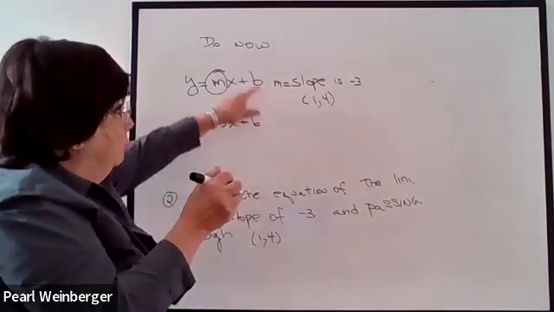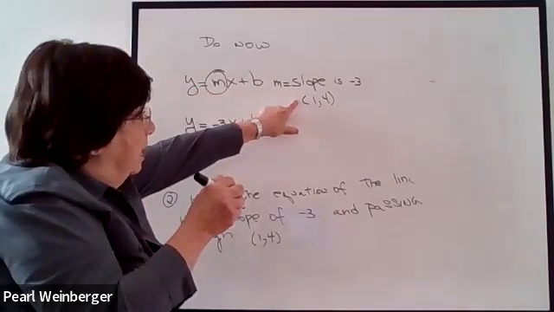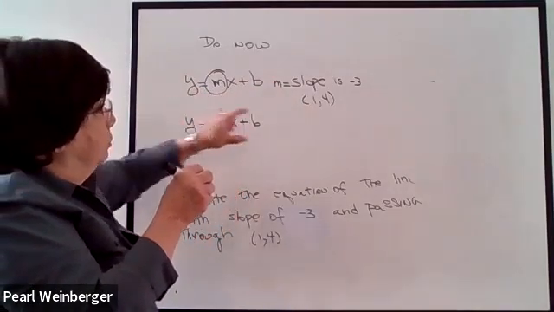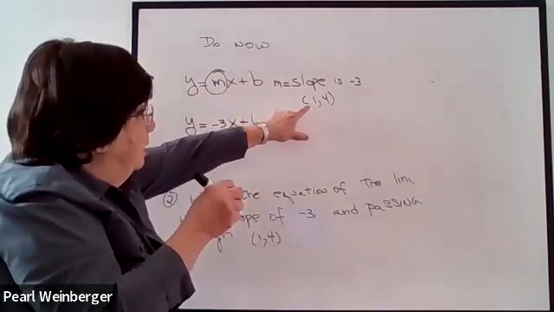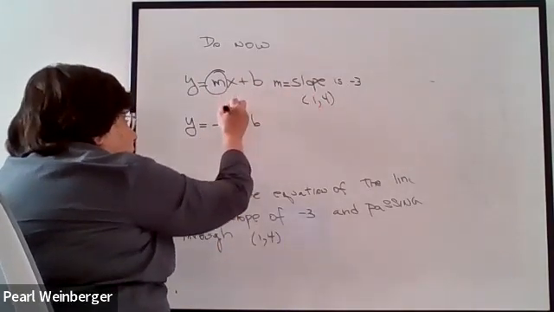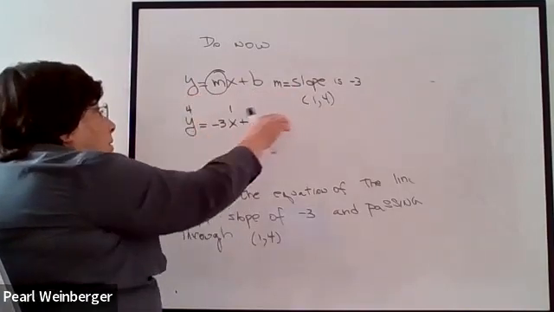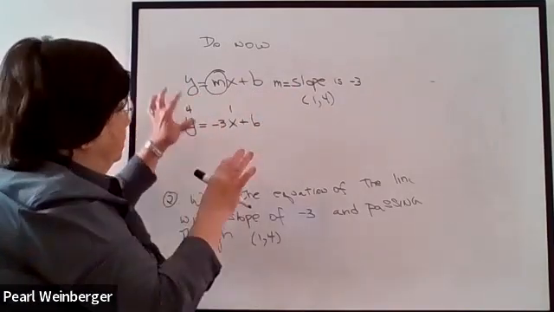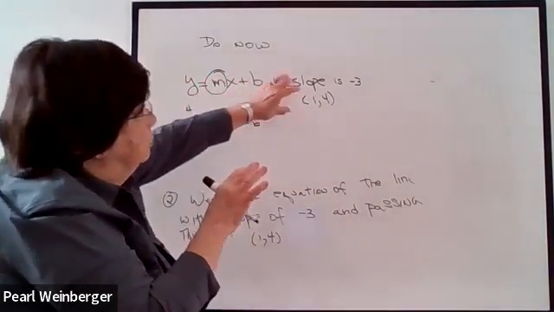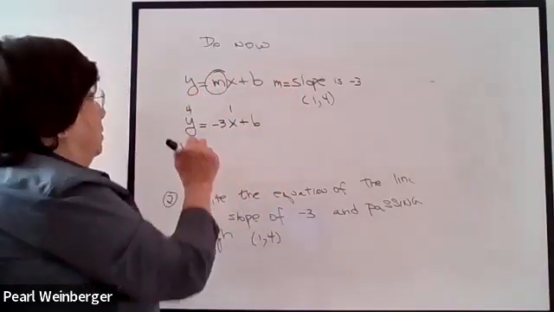But what we also know is that any point that's on the line has to fit into the equation, which means if I replace the x with 1 over here, the y will have to be replaced with 4. Whatever point is on the line, its coordinates, its x and y value, fit into the equation.